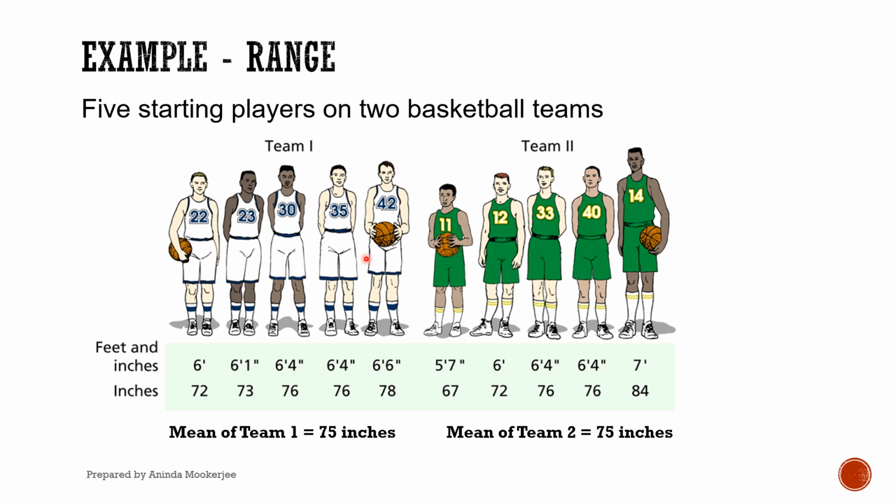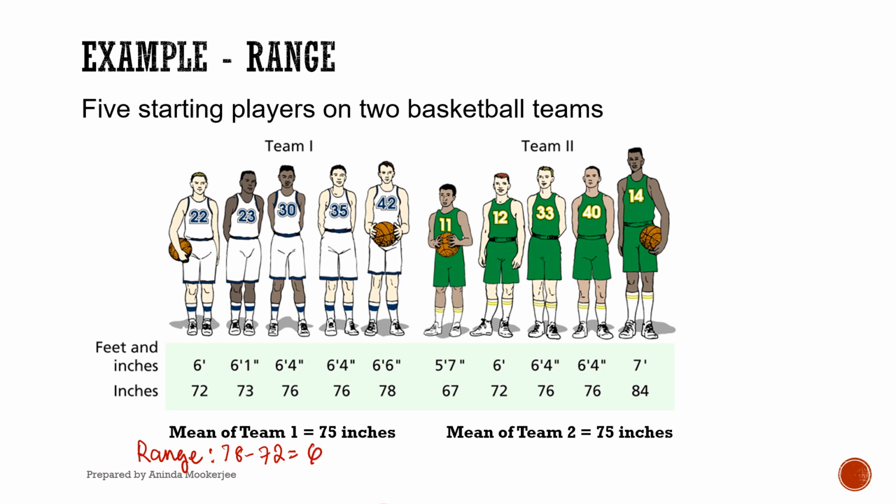However, if you look at the range, the variation between the height of the tallest player and the shortest player in team 1, then it's 78 minus 72, correct? So let's write that down here. The range, which is the difference between the maximum and the minimum. So 78 minus 72 equals 6, correct?